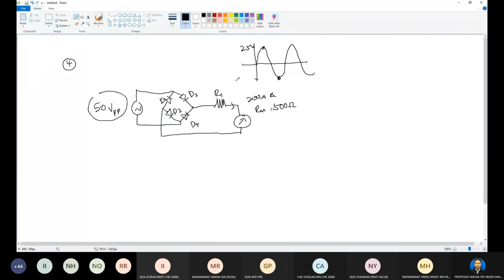The input should be like this, peak to peak, 50 volts. That means the V peak is 25 volts, but peak to peak will be 50 volt, covering the positive and negative cycle.